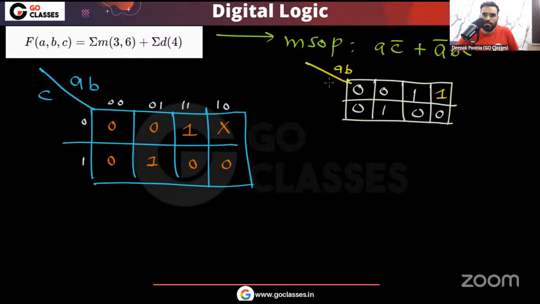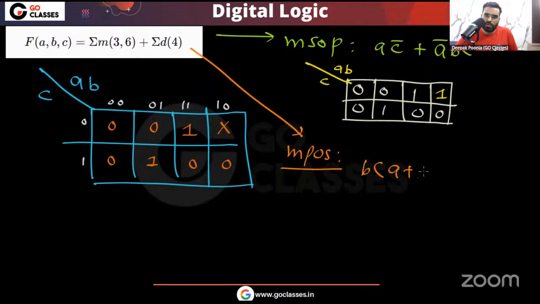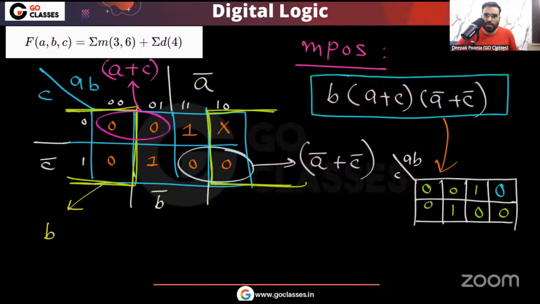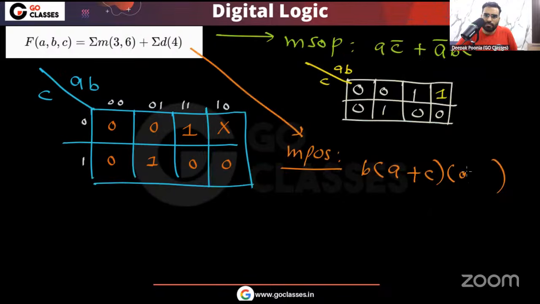Correct? Okay. Now let's see, for the same function, what is the minimal POS. Minimal POS we got is B into A or C and A bar or C bar.